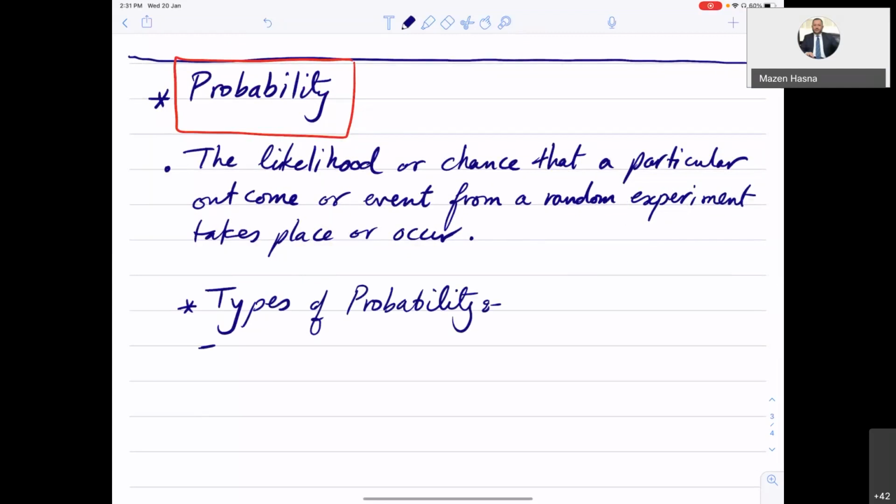The first type is subjective probability.